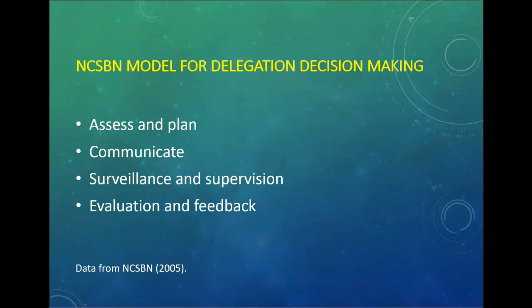They had a model for delegation decision making: assess the situation, plan for how it's going to be done, communicate it effectively, surveil the task and supervise it if you need to, and definitely evaluate their performance at the task and provide feedback.